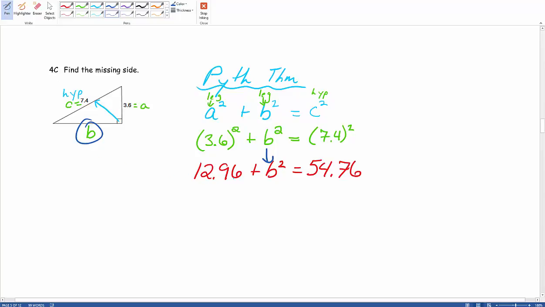Well, this 12.96 really has nothing to do with this B. And as a result, we're trying to, again, get B on one side and all the other stuff on the other side of the equal sign. So what we can go ahead and do is subtract this 12.96 from both sides.